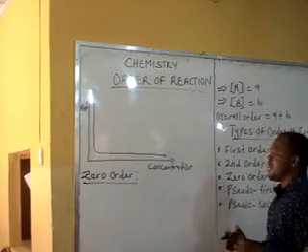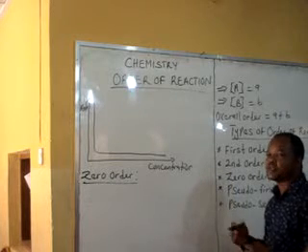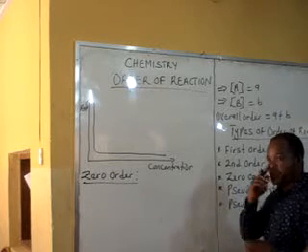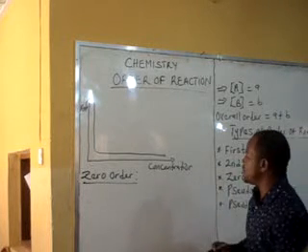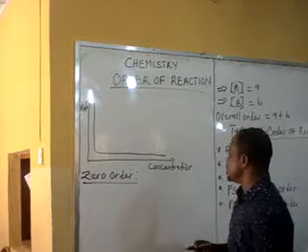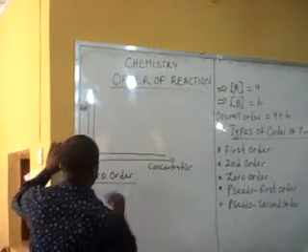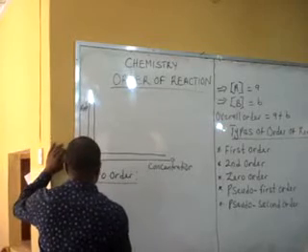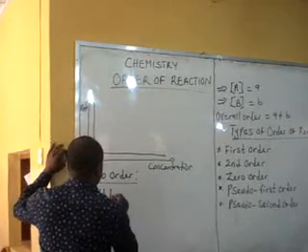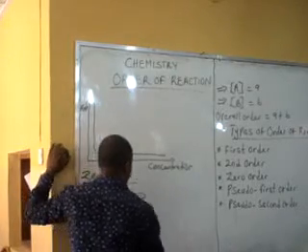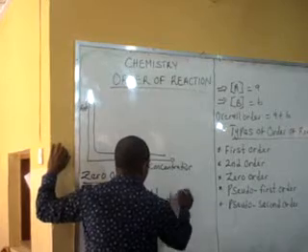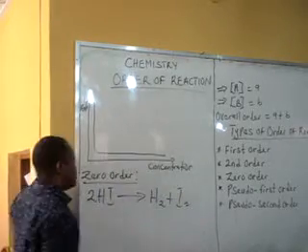That is, the reaction can proceed independent of the concentration of the reactant. So in this case, you can see this in the decomposition of hydrogen iodide, where we have H2 plus I2.